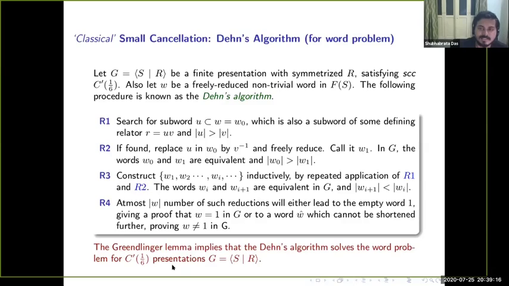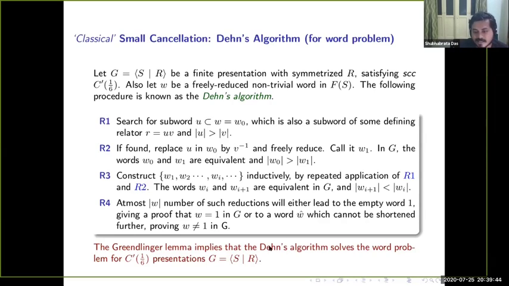So this is Dehn's algorithm in short. A lot of combinatorics is involved behind these statements. The Greendlinger lemma implies that in a C prime 1/6 group you have a subword like this.